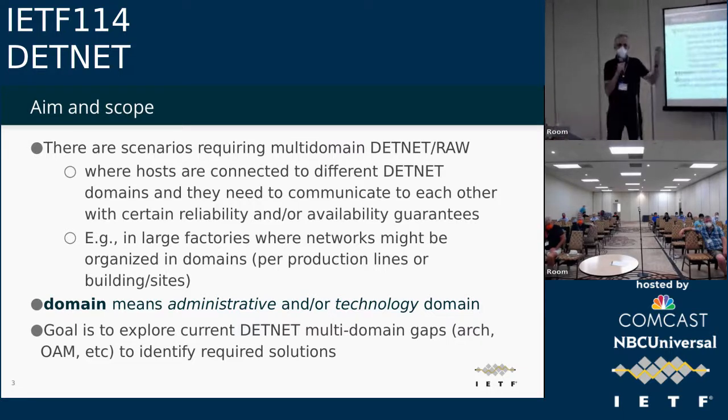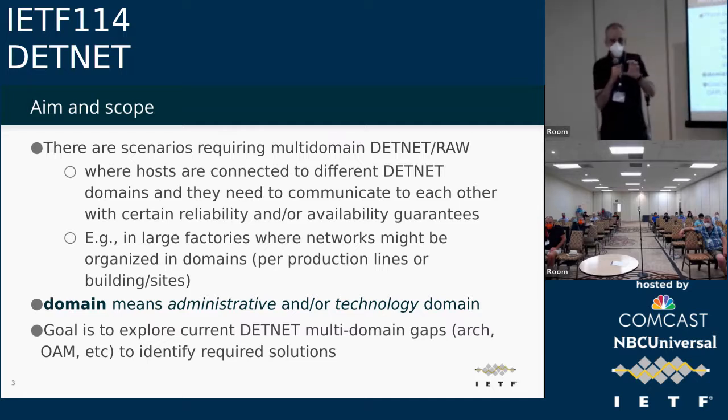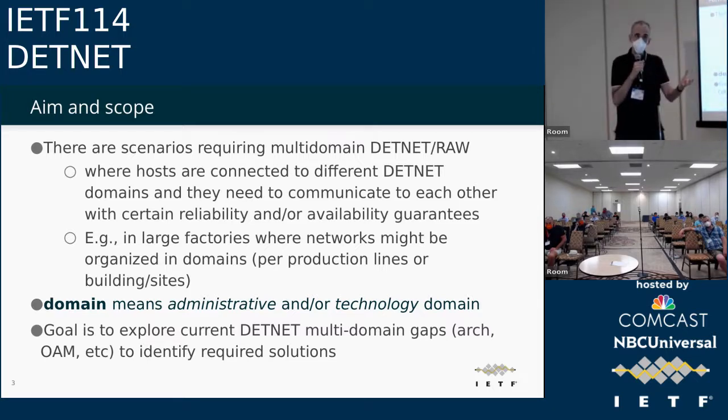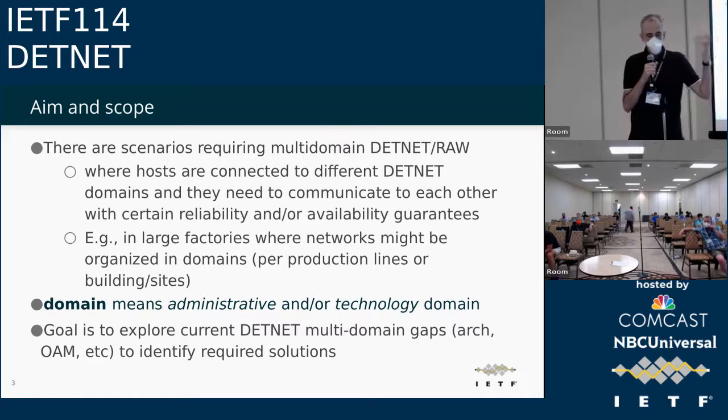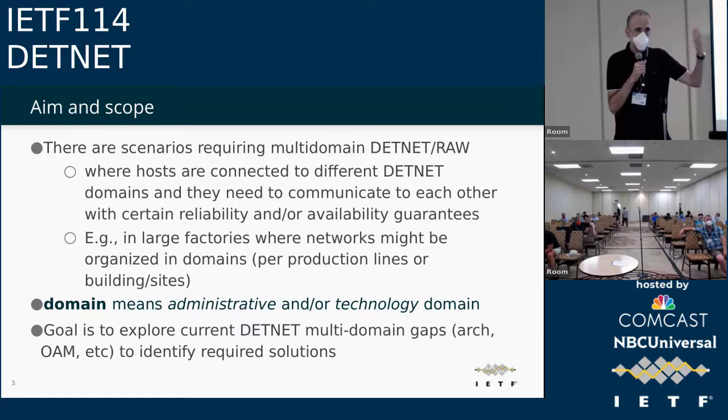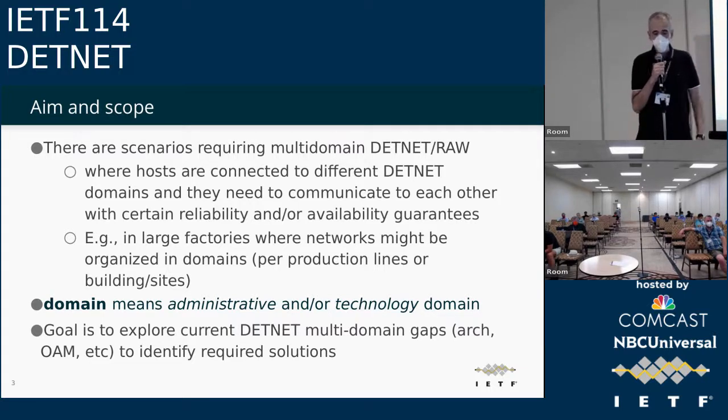So we may have a wired domain connected to a wireless domain, and this is also multi-domain, even if those two domains are managed by the same administrative domain. As I mentioned, the goal is to explore what are the potential gaps in the architecture, OAM mechanisms, control plane, data plane, and then if there are, to identify potential solutions.